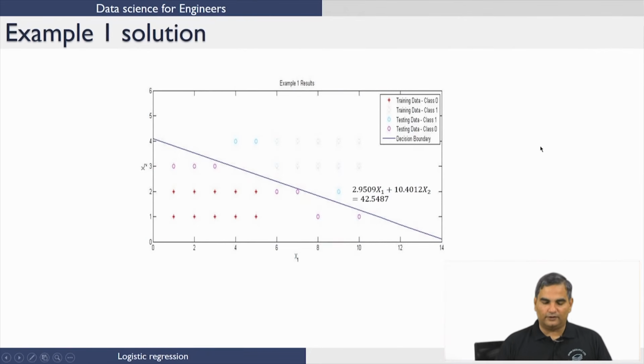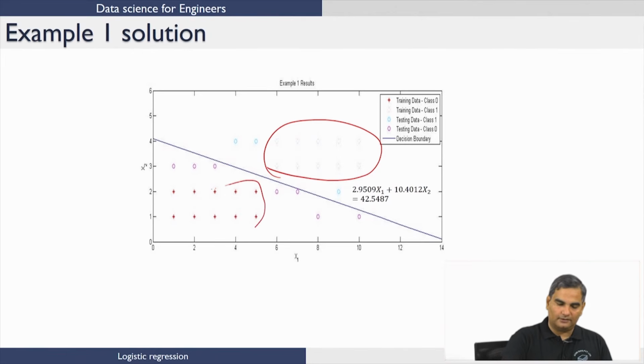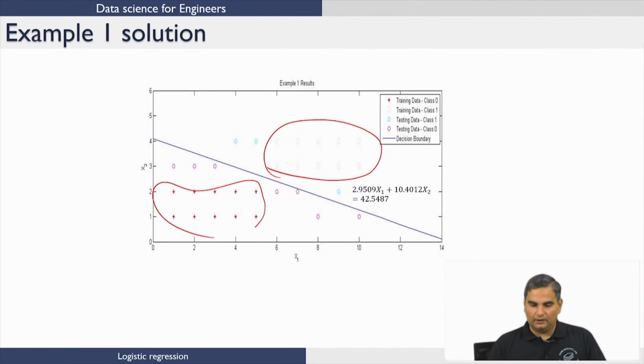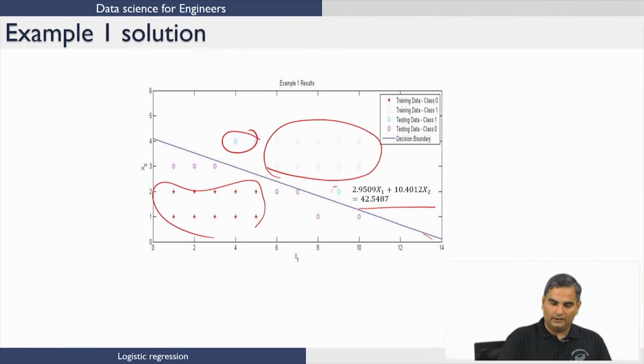So, if one were to draw these points again that we used in this exercise: these are all class 1 data points, these are class 0 data points, and this is the hyperplane that a logistic regression model figured out, and these are the test points that we tried with this classifier.